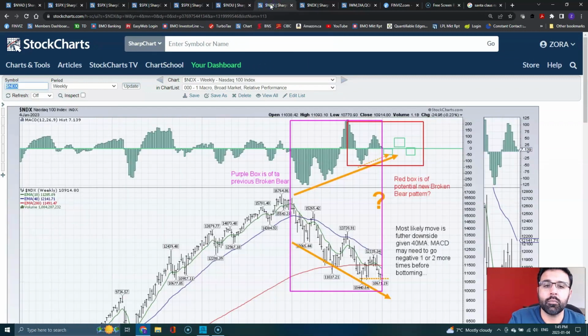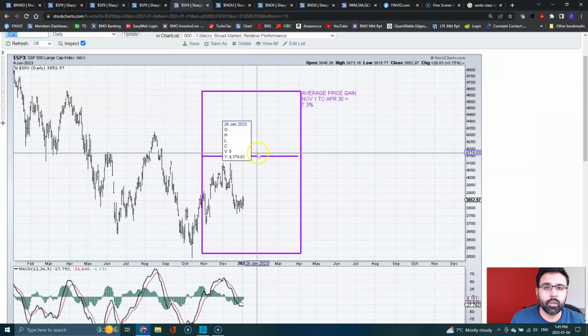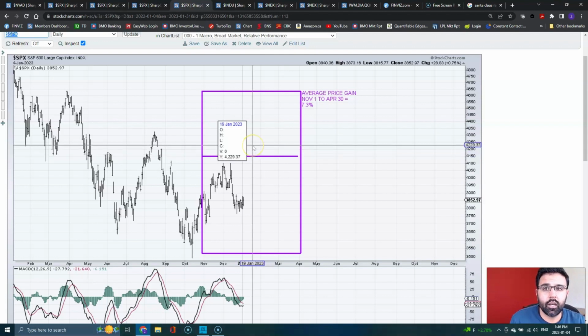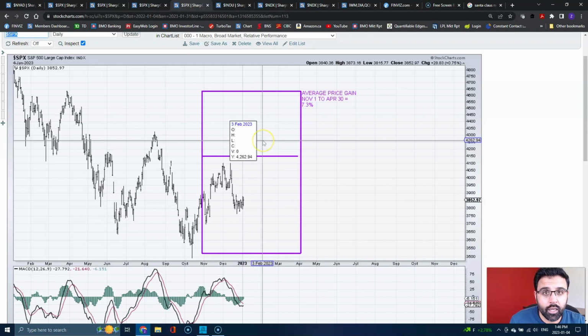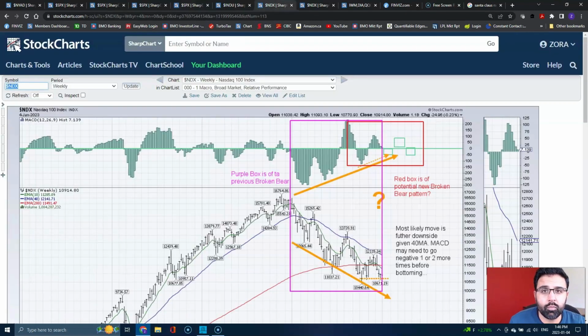Okay, so what is my actual trade right now? I've got a trade on the Nasdaq because part of the strength that you see in November to April can be attributed to tech stocks. The Nasdaq, compared to the Dow and the S&P, has shown the most amount of strength historically. So we put on a trade for that.